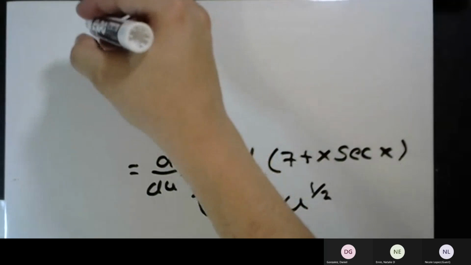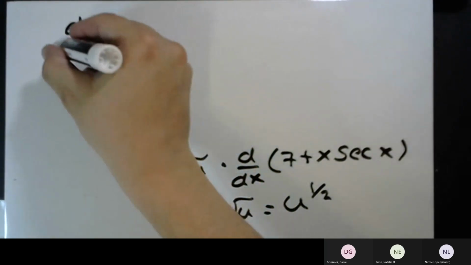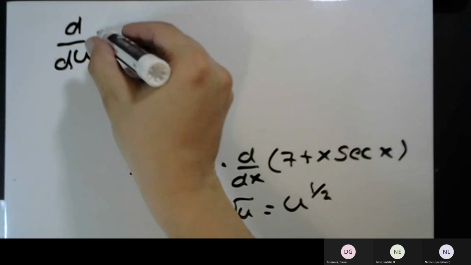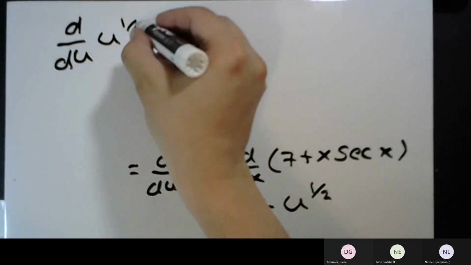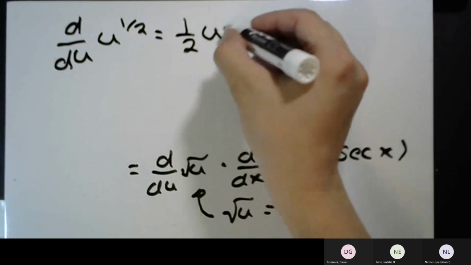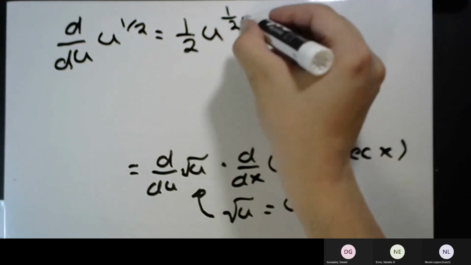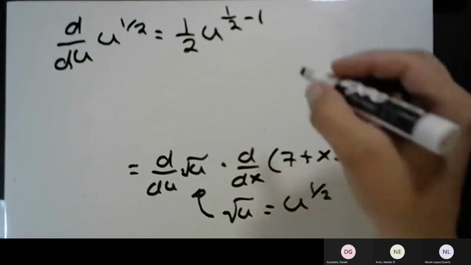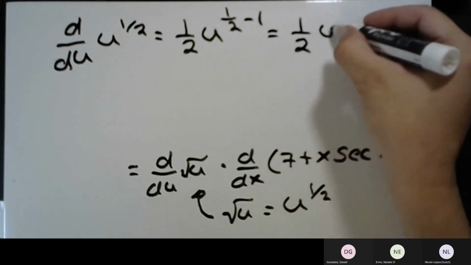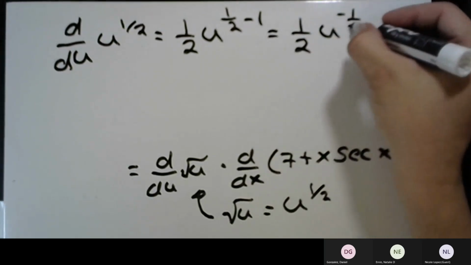Again, roots being some sort of a rational number up here. So we can break this down a little bit. d du of u to the 1/2. And that'll be 1/2 u to the 1/2 minus 1, always subtracting 1 with the derivative, or 1/2 u to the negative 1/2.